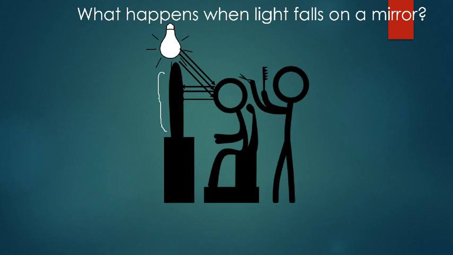What happens when light falls on a mirror? We don't see an image if light falls on a rough wall, a rough surface, but we see an image when it falls on a shiny or a smooth surface.